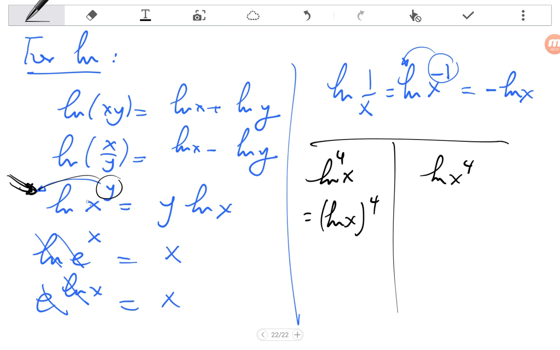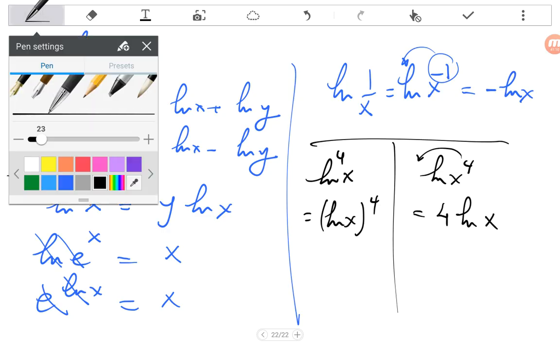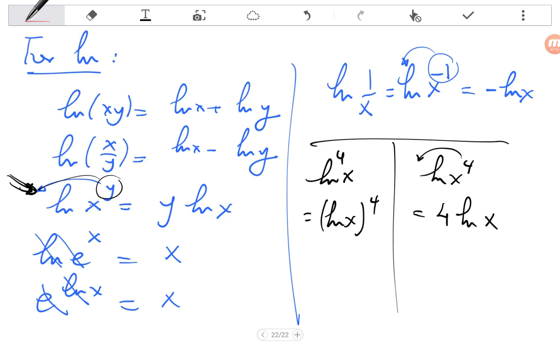This rule is only applied when the power or the exponent is on what is inside the ln. So that's why we take that to be like this. But we need to notice that in that case we need to put some additional condition. What would I put here?